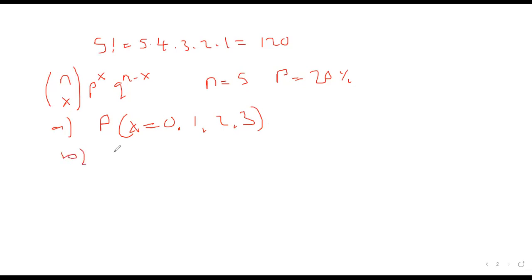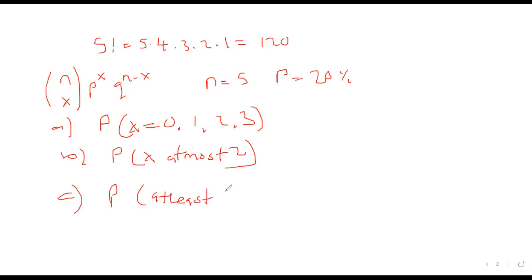And b, find the probability of x at most 2. And finally, find x at least 2. And finally, find the mean, variance, and standard deviation.